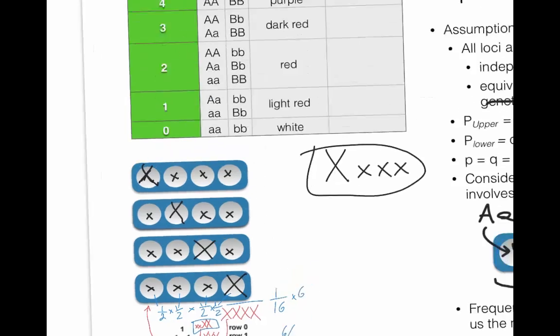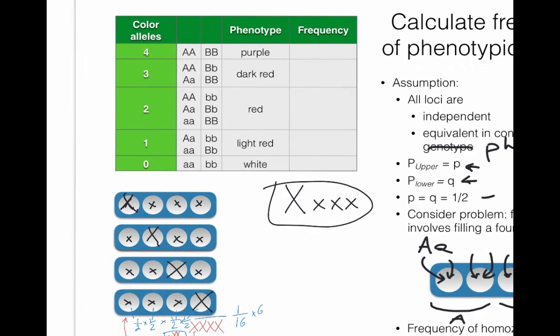So now we can go to our categories over here and fill in the frequencies. The one with all large case alleles is 1 out of 16. The one with 3 is 4 out of 16.